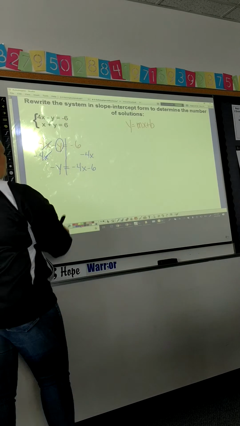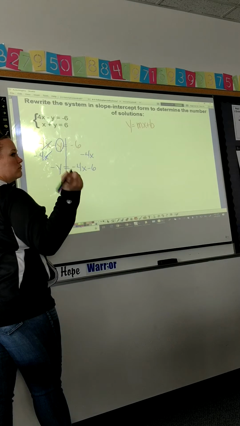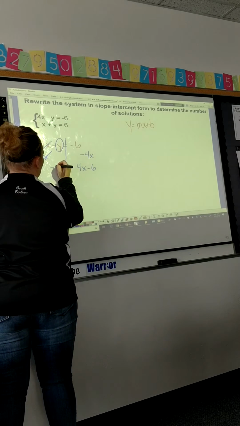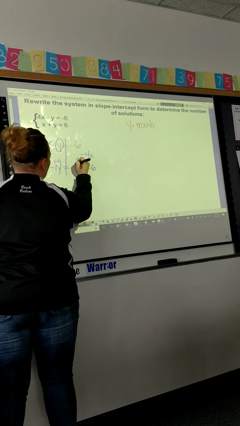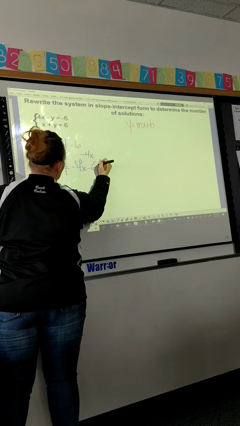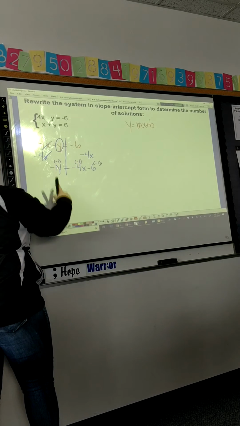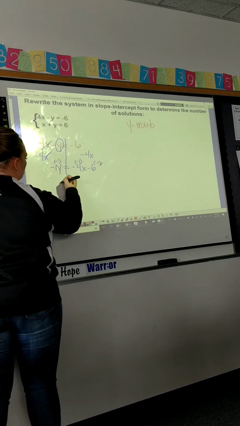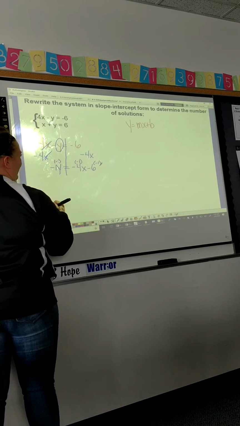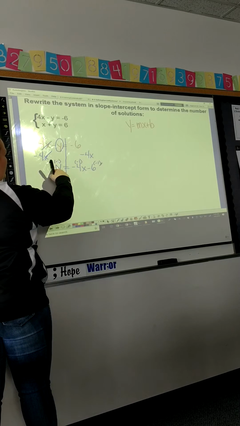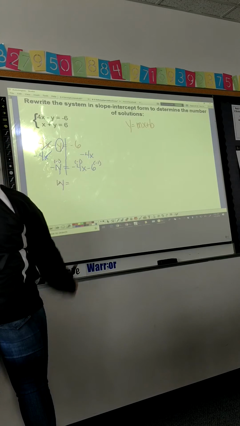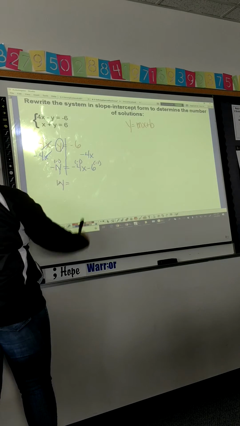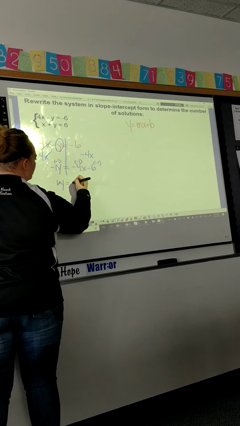Divide by negative 1. You can divide by negative 1 or multiply by negative 1. That is totally up to you. Her suggestion really was multiply, so we'll multiply, but Mason is totally right as well. Negative 1 times negative 1? 1, so 1y. Negative 4x times negative 1? 4x.